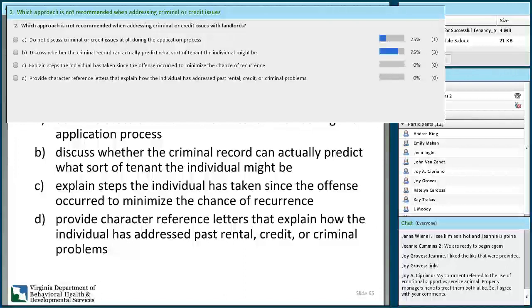C, explain steps the individual has taken since the offense occurred to minimize the chance of a recurrence. Or D, provide character reference letters that explain how the individual has addressed past rental, credit, or criminal problems. Remember, we're looking for the approach that is not recommended.